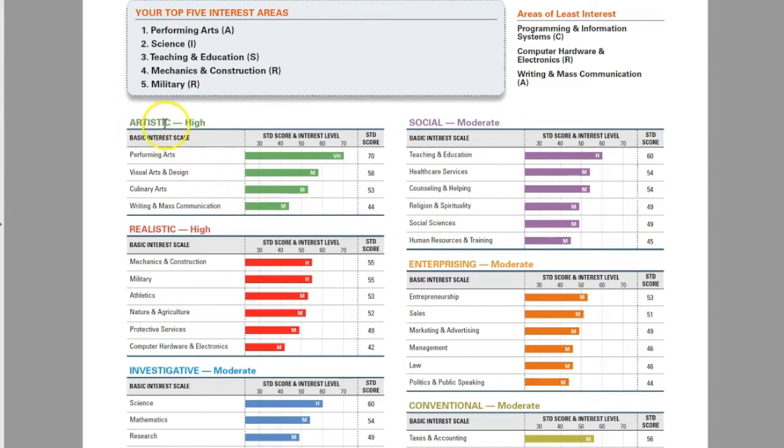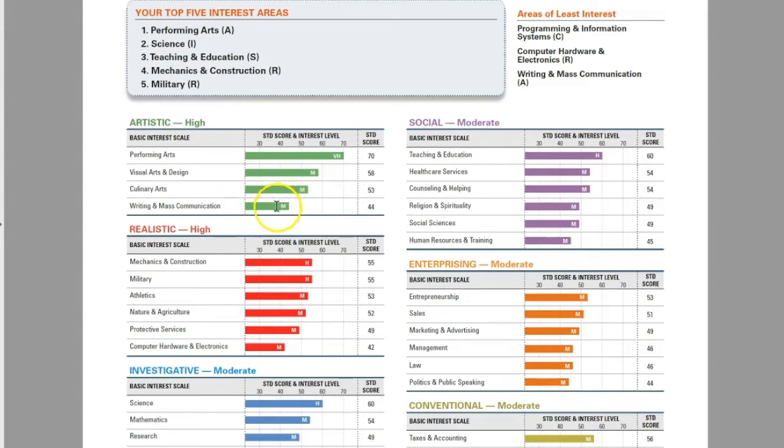For example, under artistic right here, you'll see performing arts, visual arts and design, culinary arts, writing, and mass communication. Even within one general theme code, you'll likely see differentiation in the subcategories.